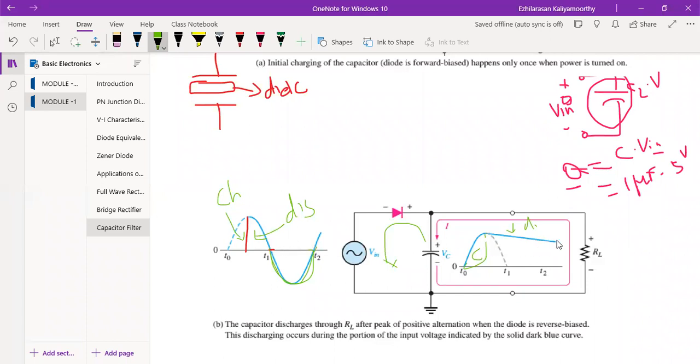So you can say the capacitor will be discharged through RL, because of the reverse bias after the peak of the positive alternation, when the diode is reverse biased. The discharging occurs during the portion of the input voltage indicated by the solid dark blue line. This is the discharge portion.